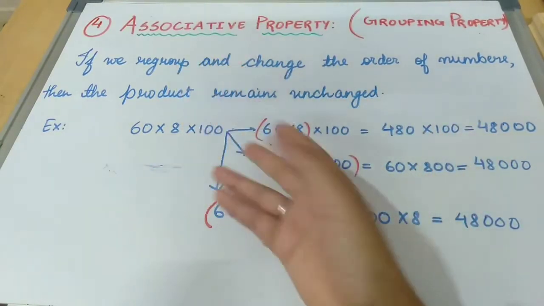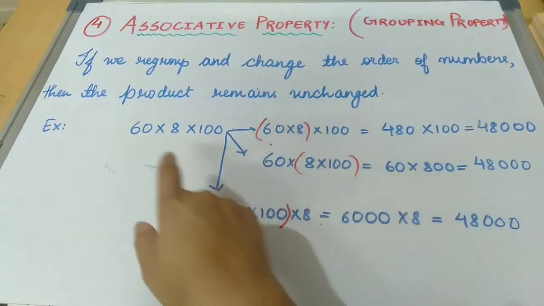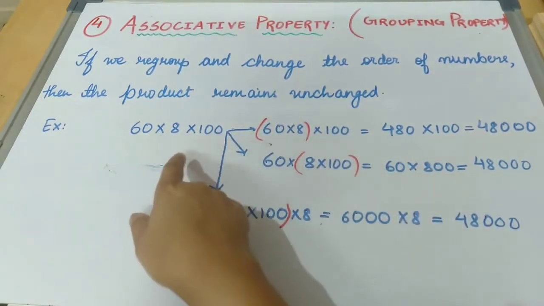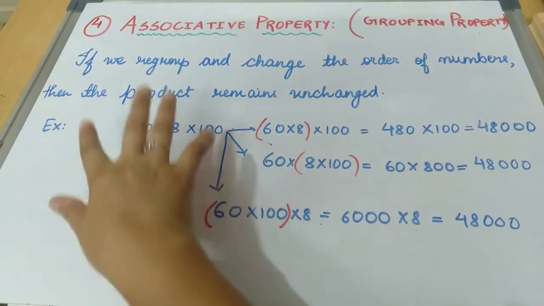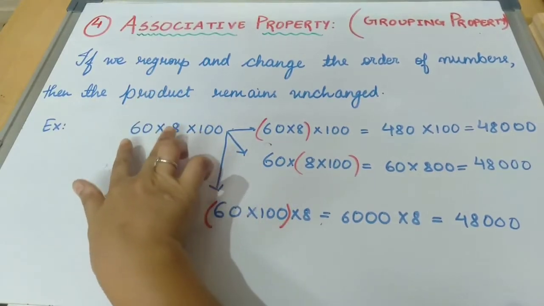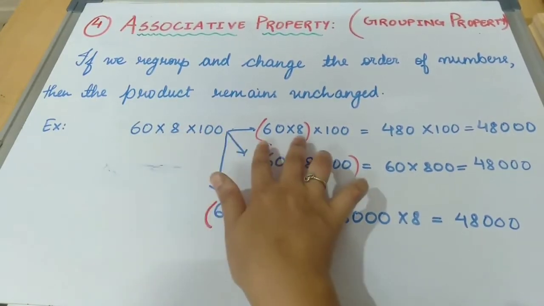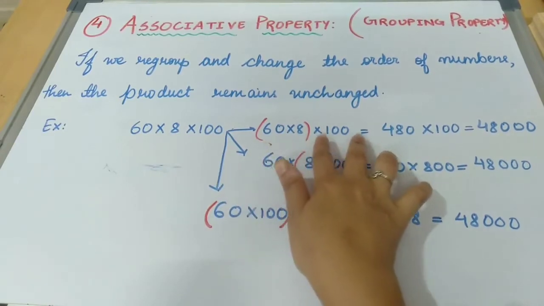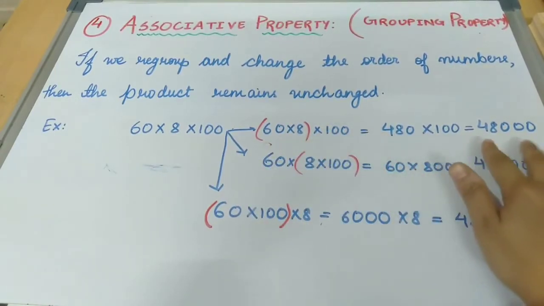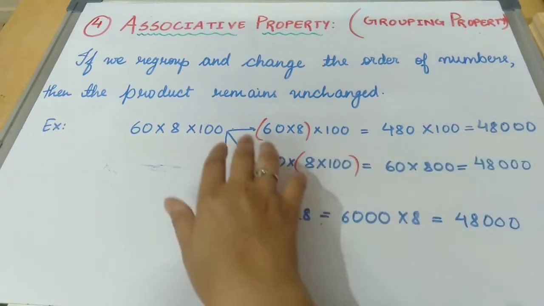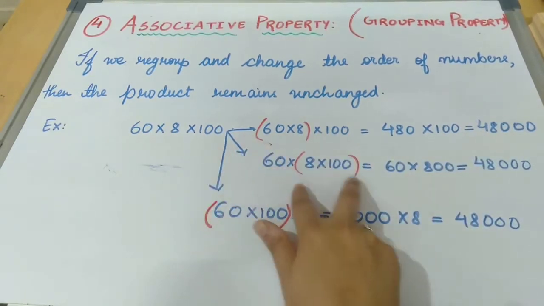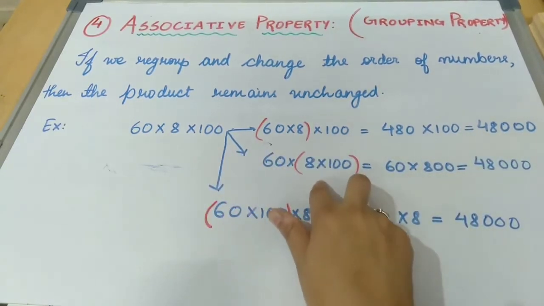See, let us see how we regroup or change the order. Here 3 numbers are multiplied. First we can group these 2 numbers and leave this one, and I will multiply and get the product. Now I will leave 60 and regroup 8 into 100.